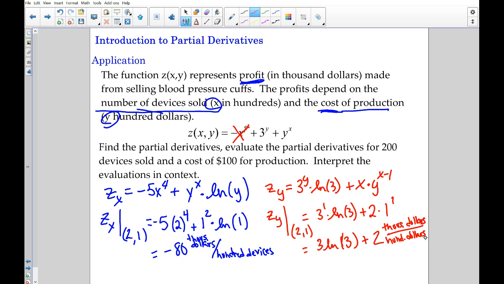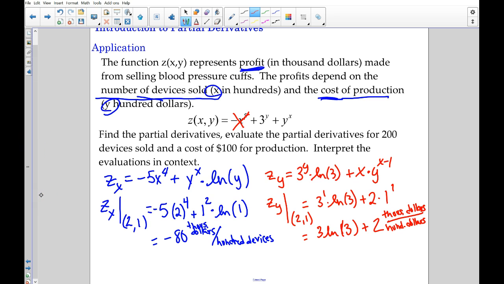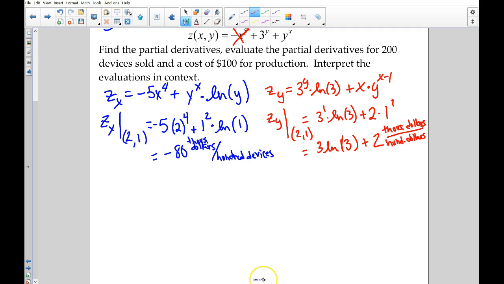The units are always kind of tricky to figure out, and sometimes, for example with z sub y, those units don't really make sense. I might just say that's per $10 because 1,000 divided by 100 is 10. But I would recommend leaving it like that for right now.